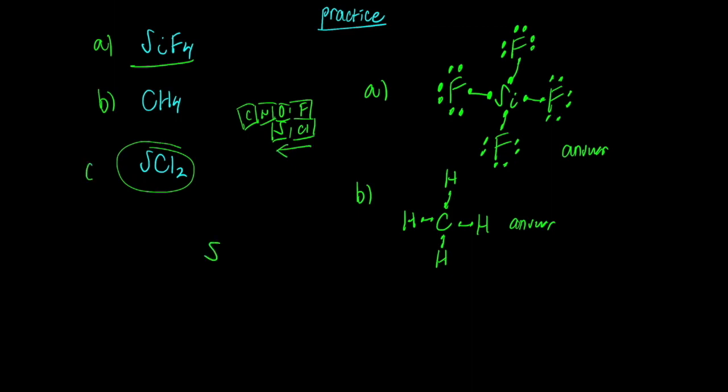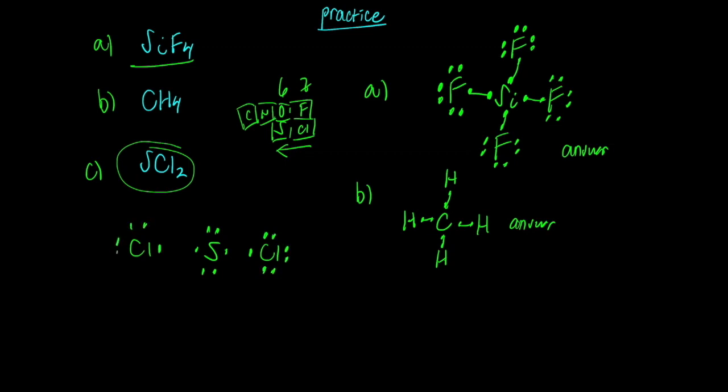So that's going to be your central atom, and then around that is going to be your more electronegative atoms. Sulfur is in group 6. So that's 6 valence electrons. 1, 2, 3, 4, 5, 6. Count them out. Chlorine is in group 7. So that's 7 valence electrons. Count them all out.